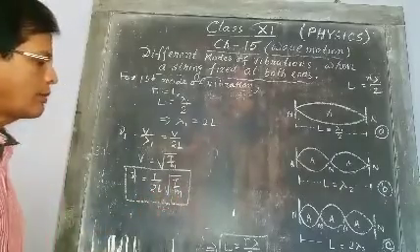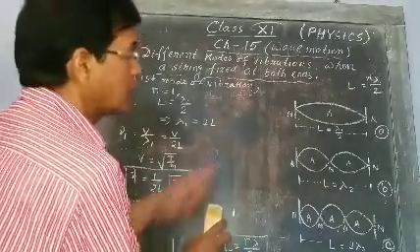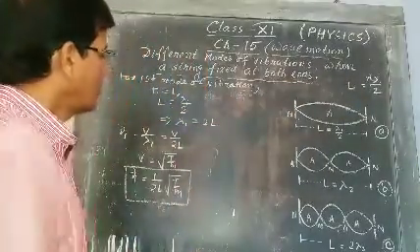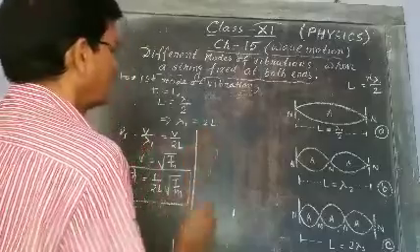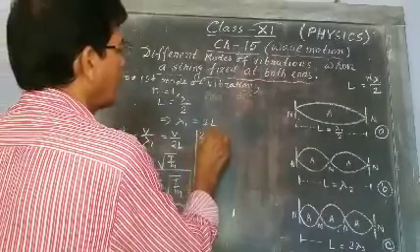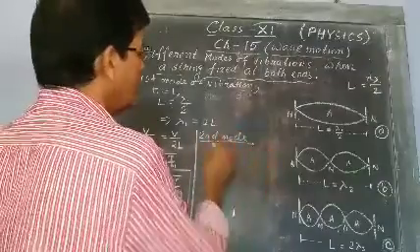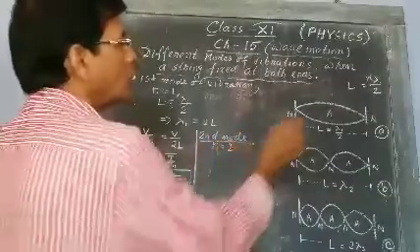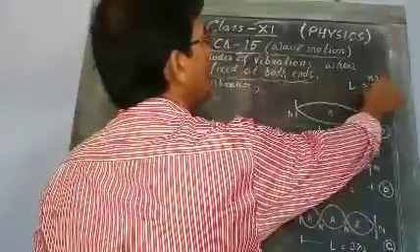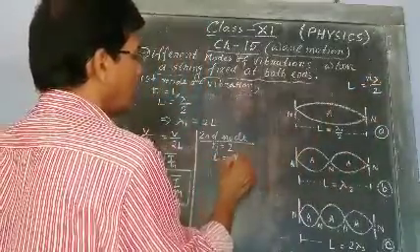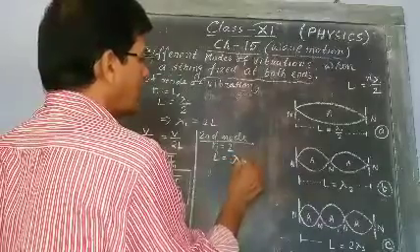For the second mode of vibration, n equal to 2. If you put n equal to 2 and lambda equal to lambda 2, the 2 cancels, and L equals lambda 2.